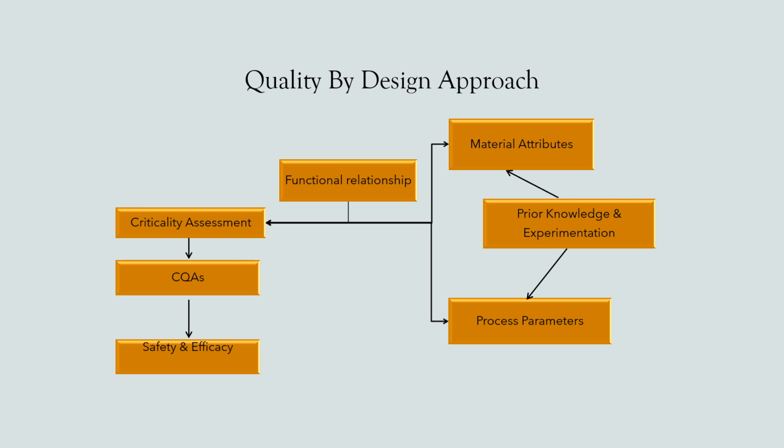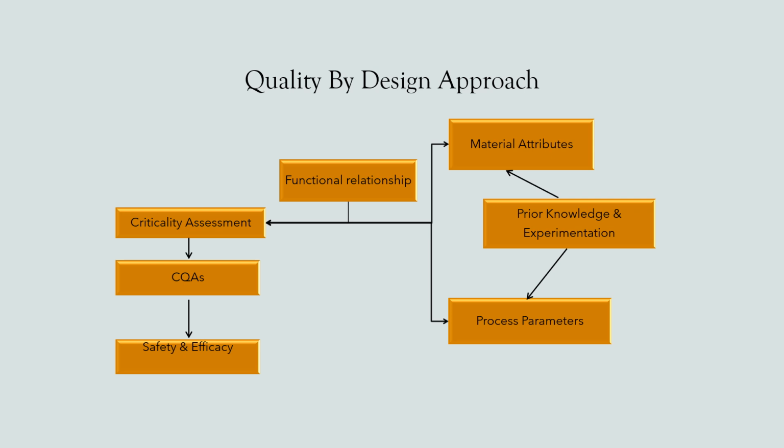And once you've understood that functional relationship, you can then do a criticality assessment in order to determine the critical quality attributes that you need to measure. Ultimately, this is extrapolated to the safety and efficacy of the drug in the patient, whether in the clinic or in the marketplace.